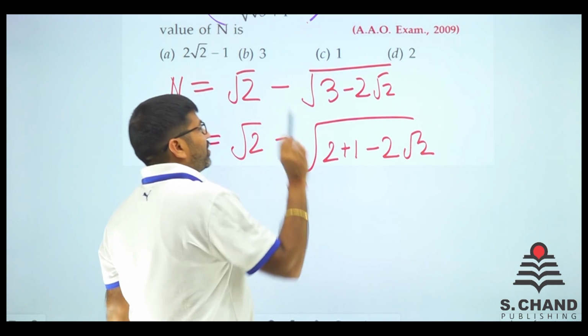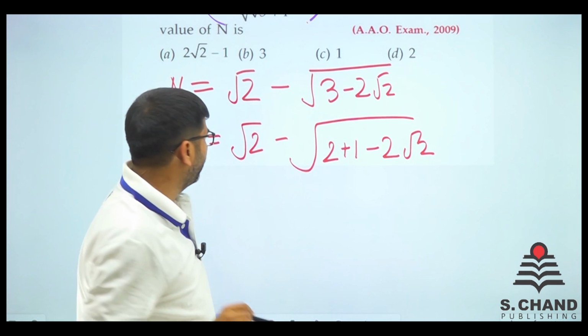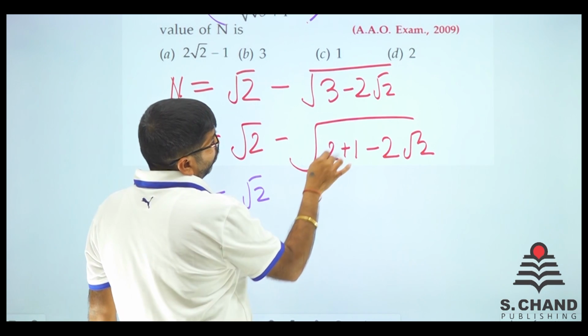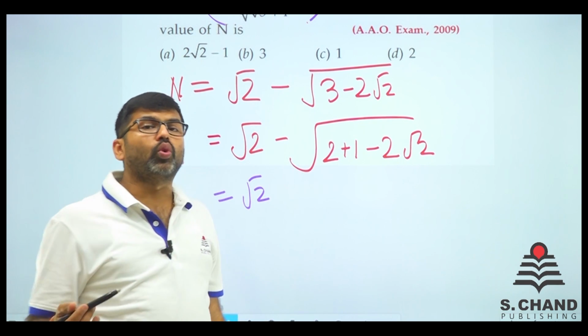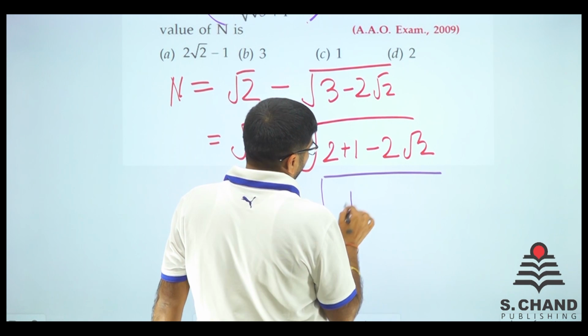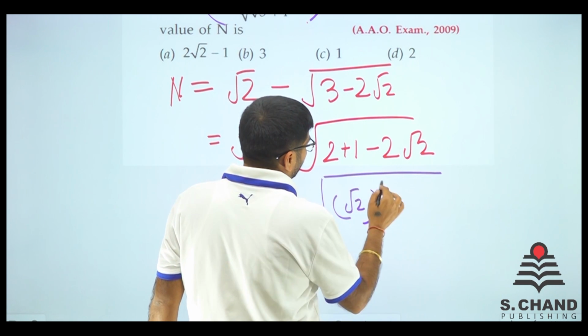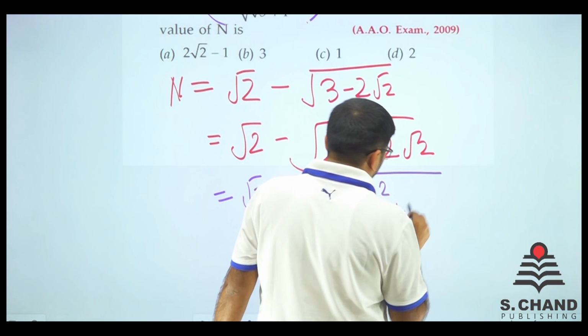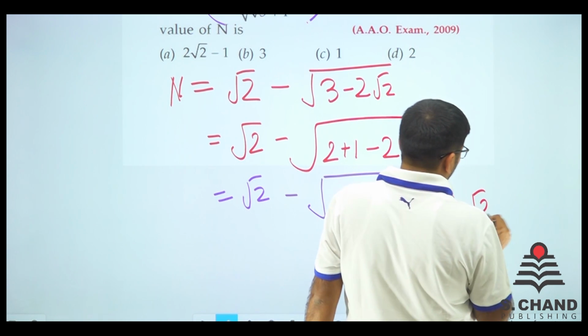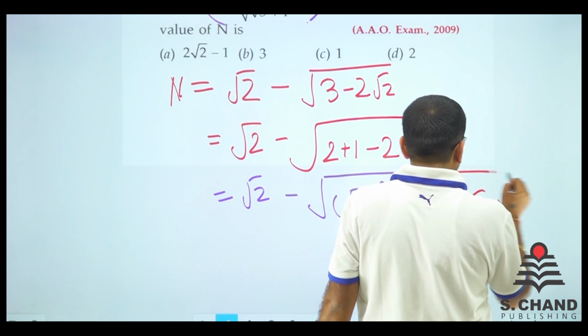What I did was just simple: 3 can be written as 2 plus 1, right? Now if I put that 2 in terms of root 2, it will be easier for me. So I'll put root 2 square plus 1 whole square minus 2 root 2 into 1. That I can do, right?